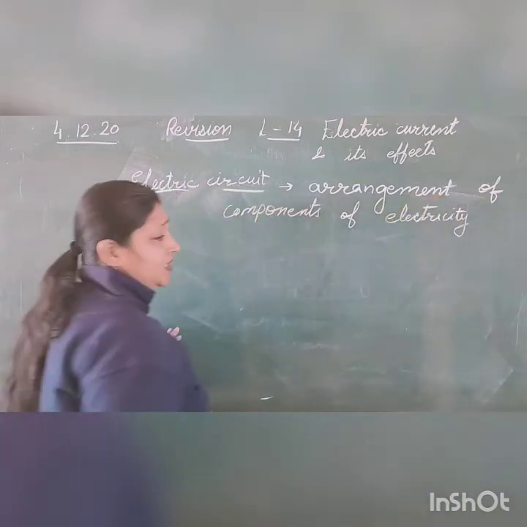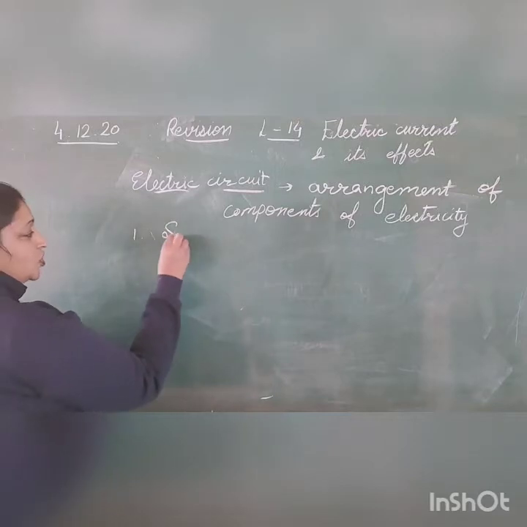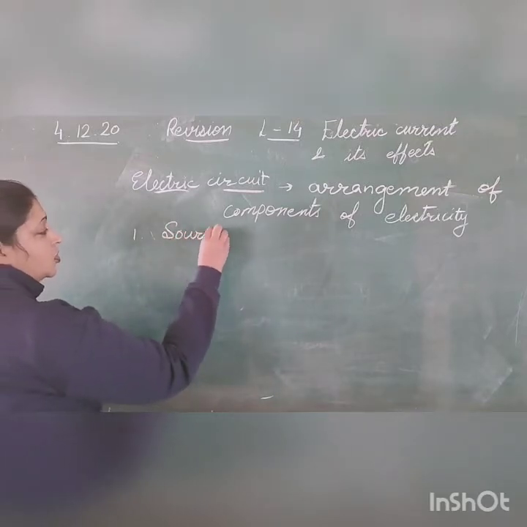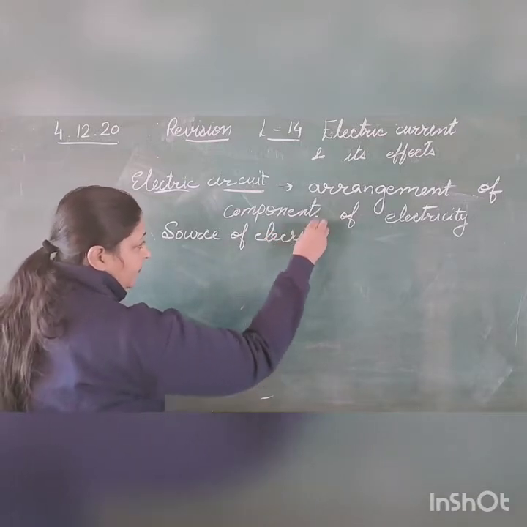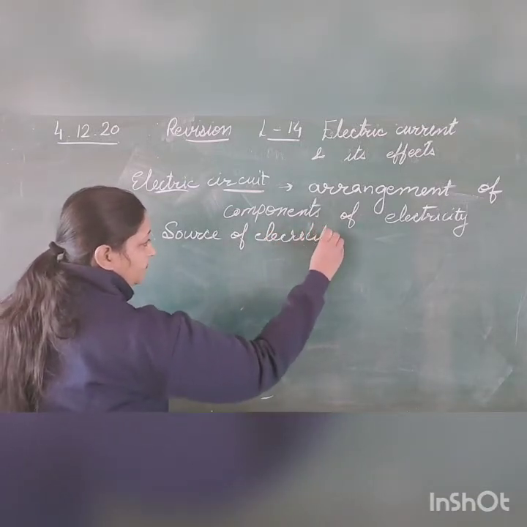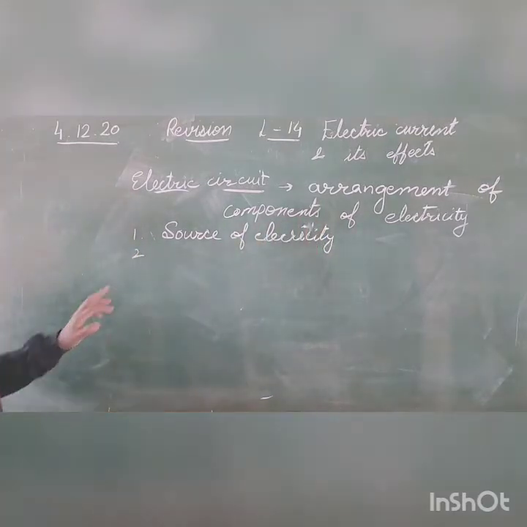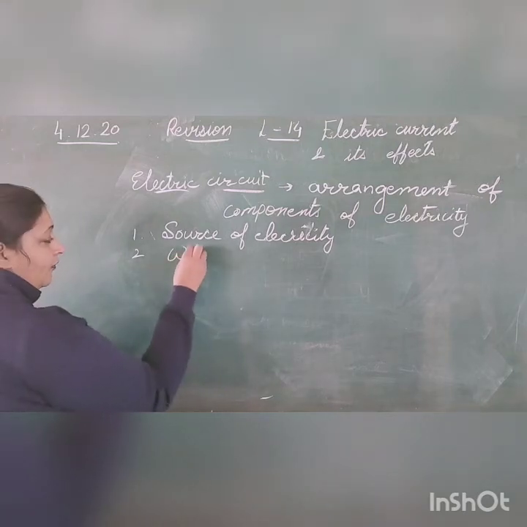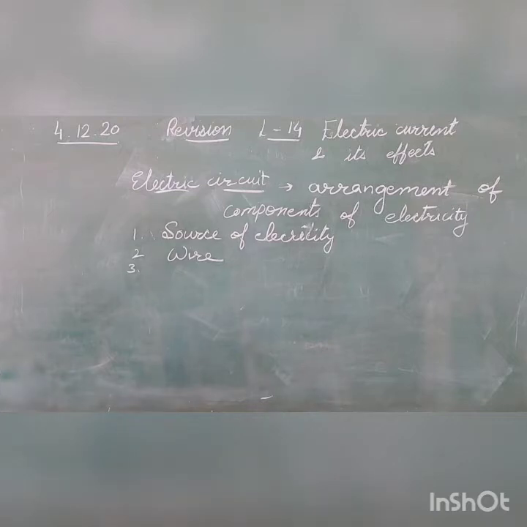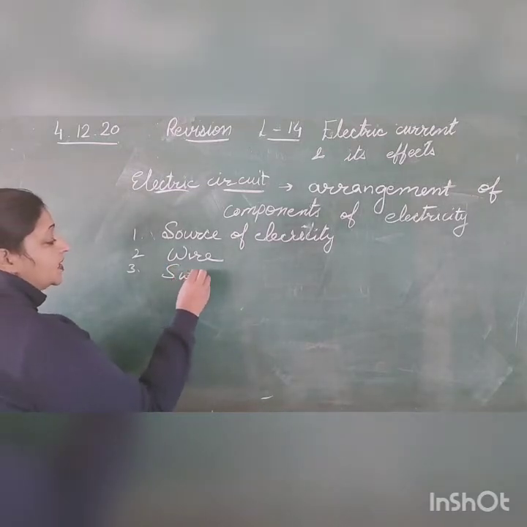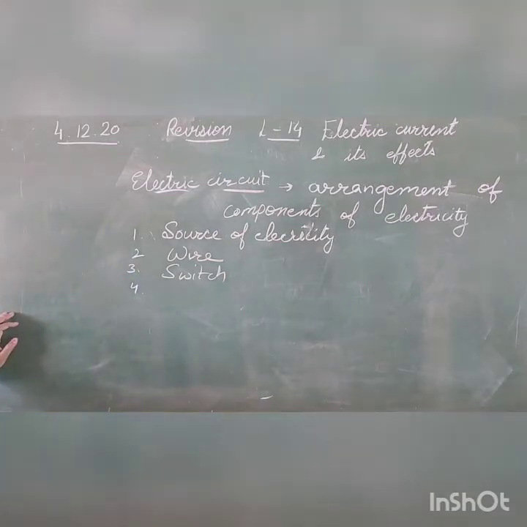And what are the necessary things that we require to form an electric circuit? Number one, a source of electricity, that may be a battery or a cell. Then wires. Obviously, without wires, how will the current flow? And a switch. The switch is used to maintain the flow of current, whether we have to turn the battery on or off.